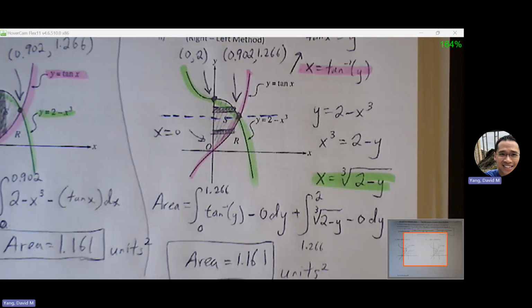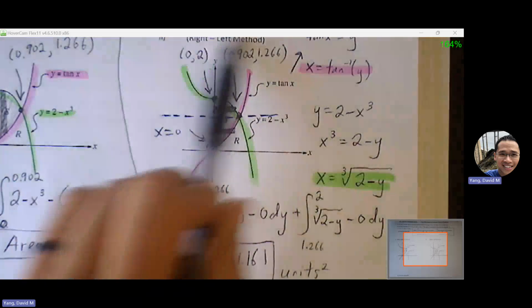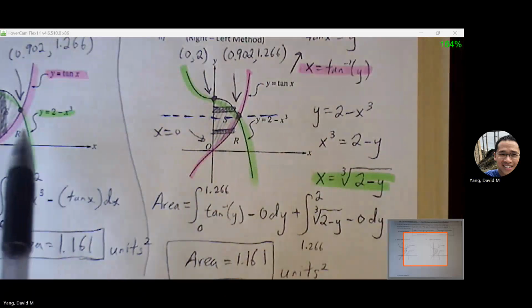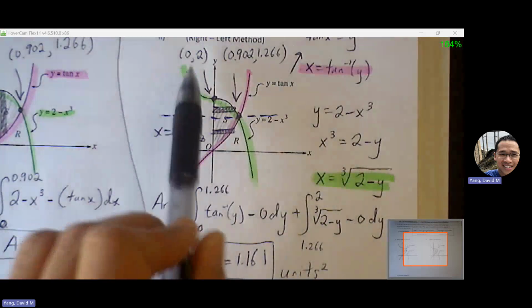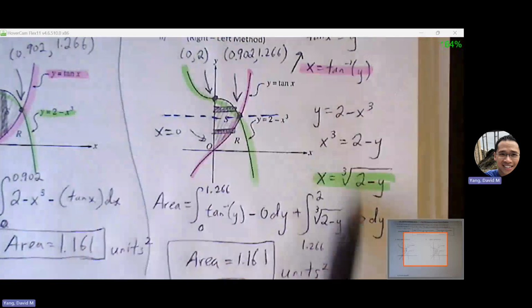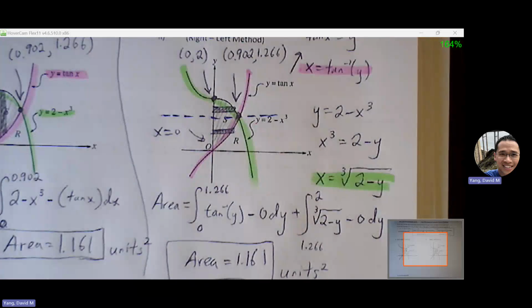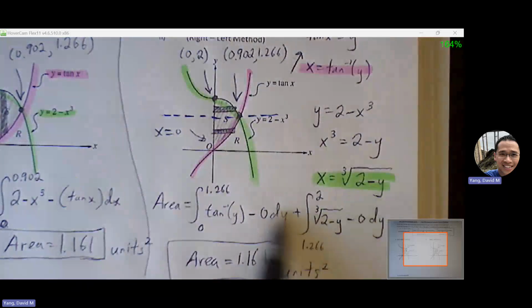Okay. Any questions? If you understand this process, if you understand the idea that if you want to do right minus left, you've got to rewrite the equations, everything's in terms of y, this is as hard as this unit is going to get. This is where students struggle.